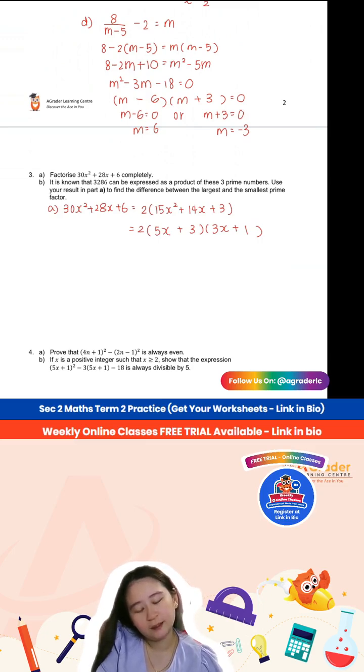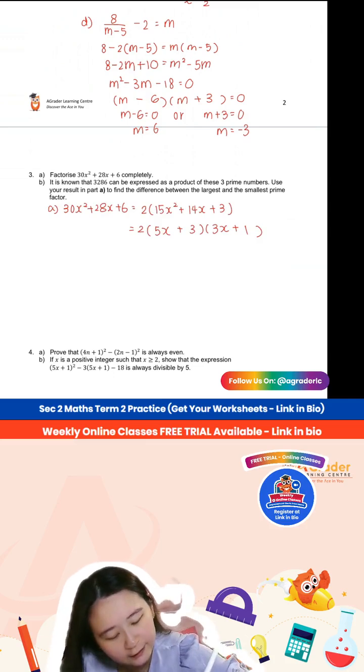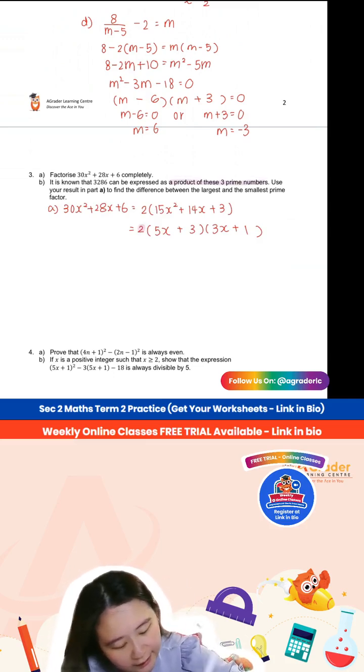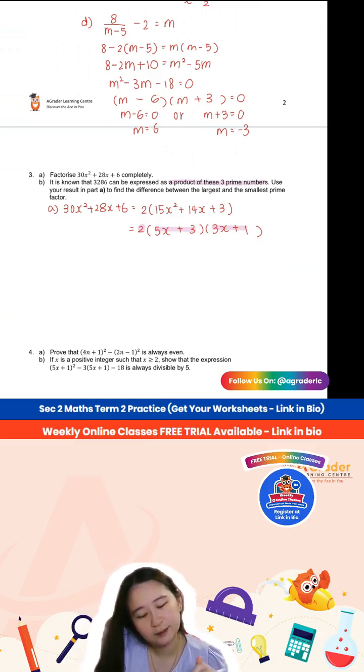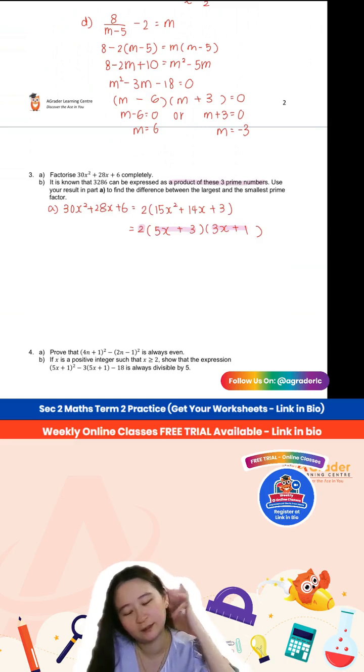Part B, it is known that 3286 can be expressed as a product of these 3 prime factors. Meaning these are all prime factors or prime numbers. So use your result in part A, find the difference between the largest and the smallest prime factor.